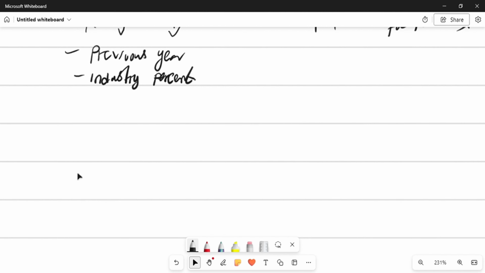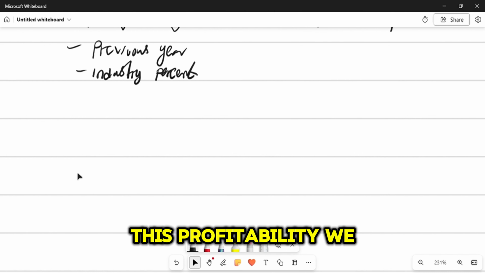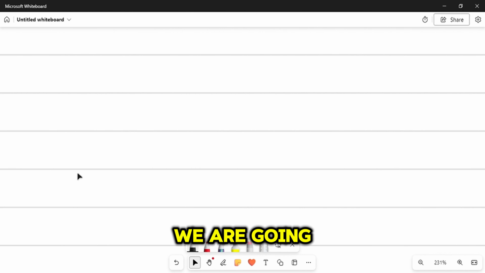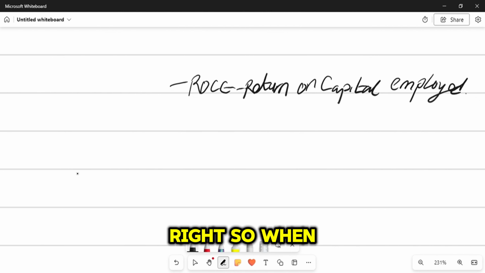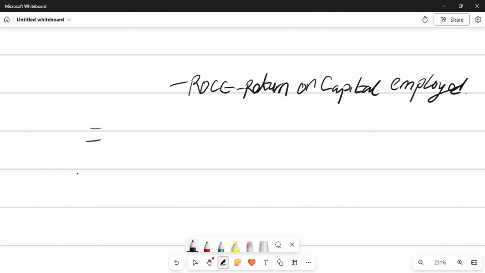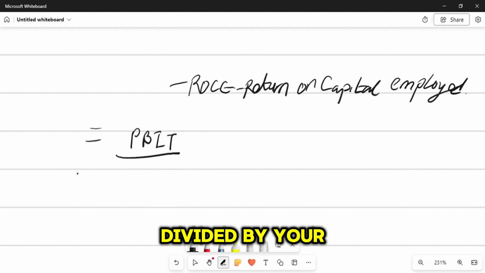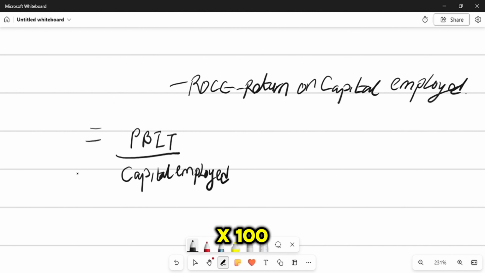The last ratio we're going to look at under profitability is the return on capital employed, ROCE. All right. So when we talk about return on capital employed, the formula is your PBIT divided by your capital employed times 100.